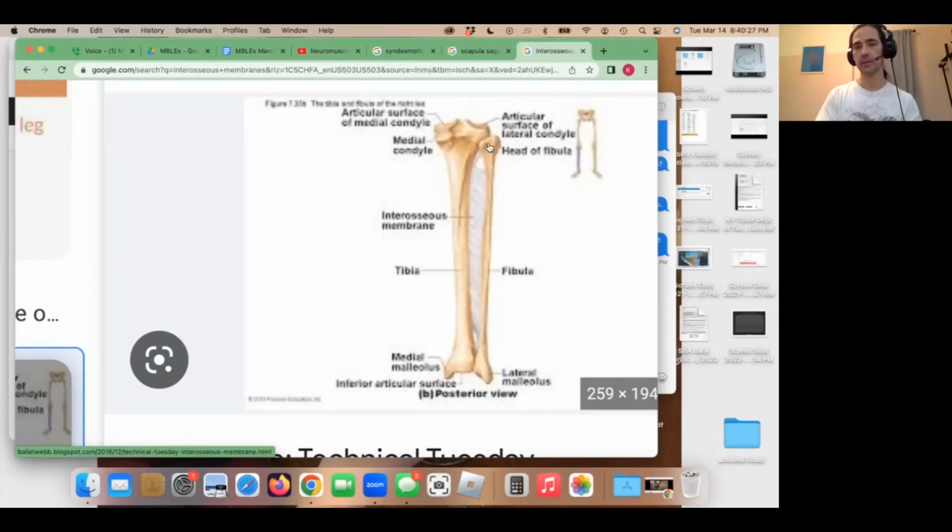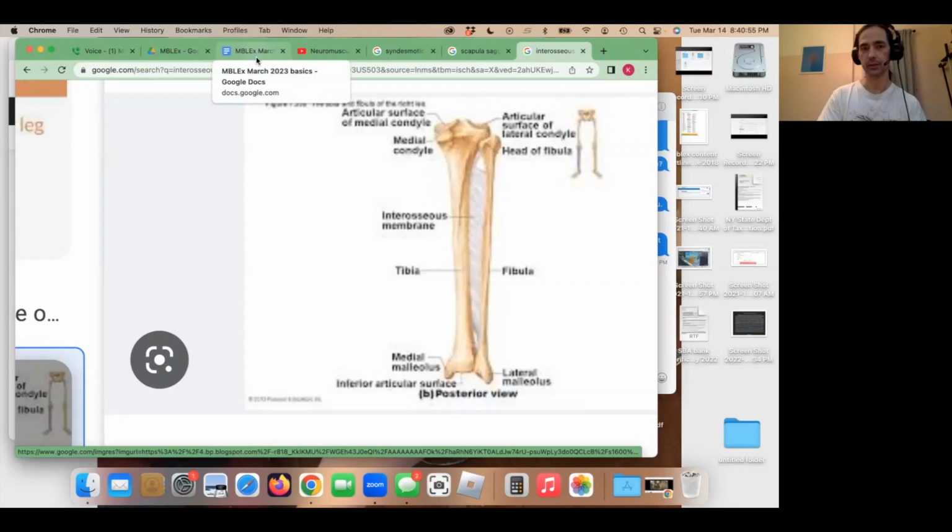You can imagine that it would allow the fibula to move a little bit up and down, and even in and out. If you were to grab your wrist, so you're grabbing your ulna and your radius, and squeeze them, you should be able to feel there's a little bit of give between those bones. That's a result of an amphiarthrotic, in my opinion, joint nature.